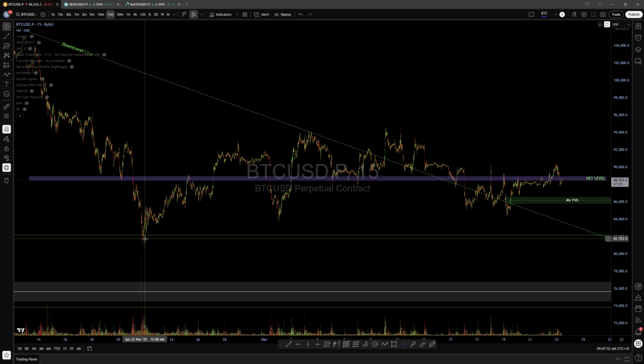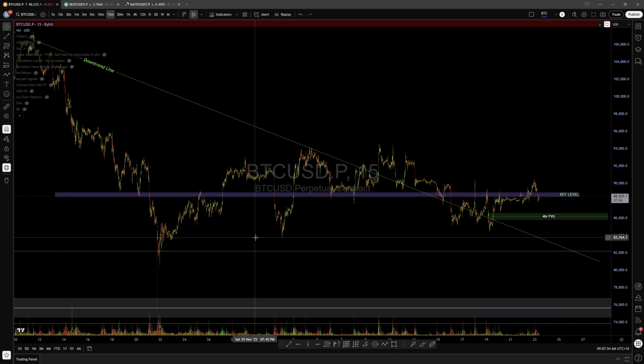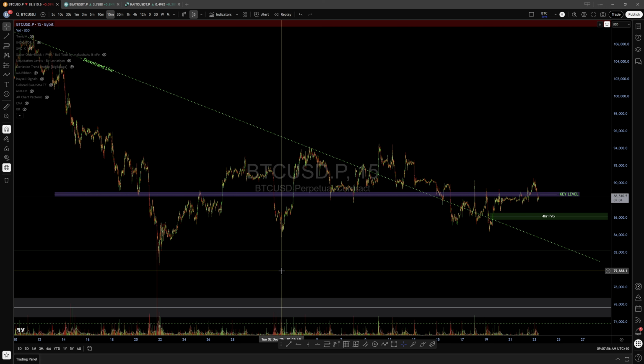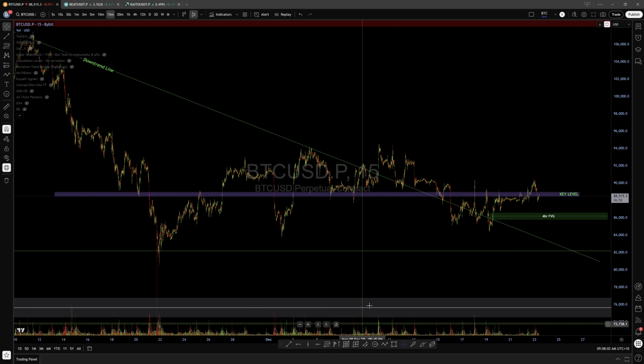Well, not here. There was a nice spike here at this opposing level, but there's higher volume at this line. Right here, it's a little higher, and so on. So something's going on here at this key level, this purple area.